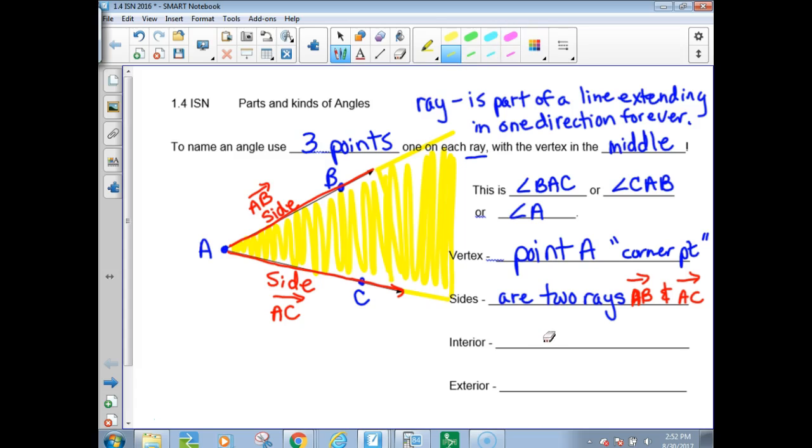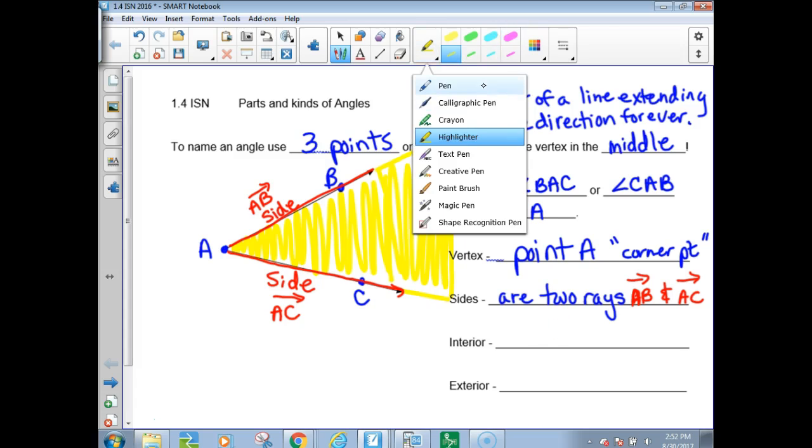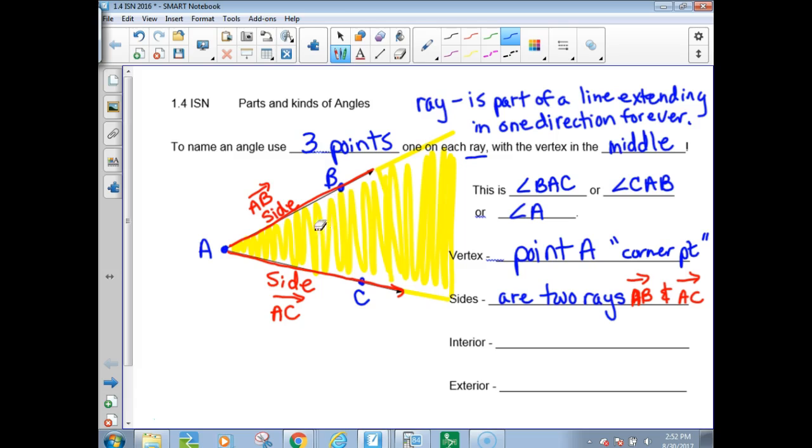That's as far as I'm going to draw it on my paper. So I'm going to write the word interior on here. So the interior are points or area inside, which inside could mean between the rays.